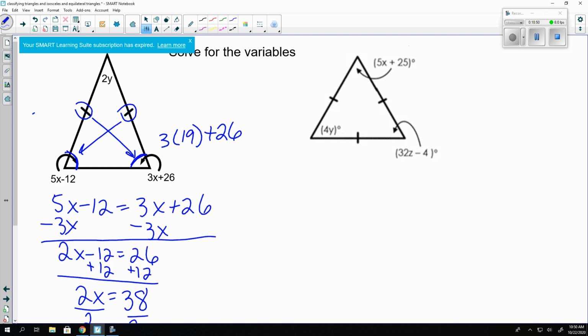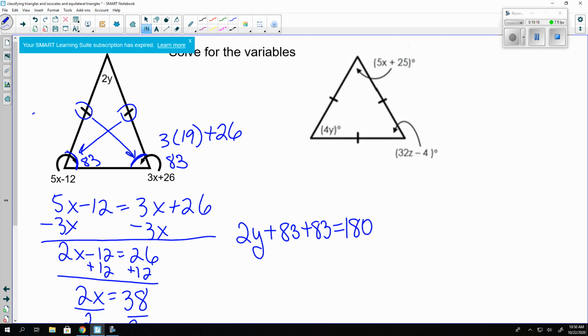So 3 times 19 is going to be 57 plus 26, you get 83. So if this angle is 83, then that means this angle is also 83. How do I find 2y? Well, 2y plus 83 plus 83 has to equal 180.